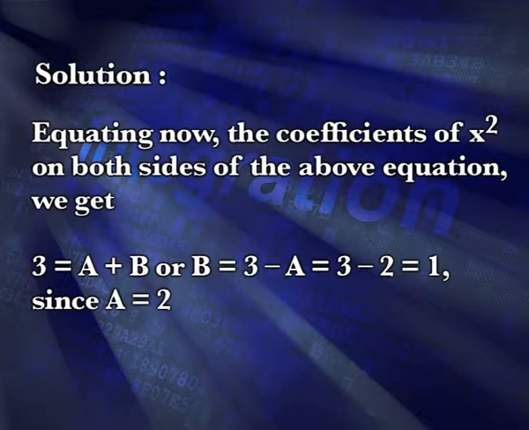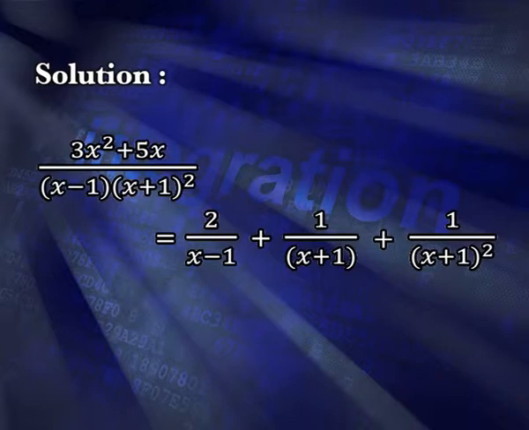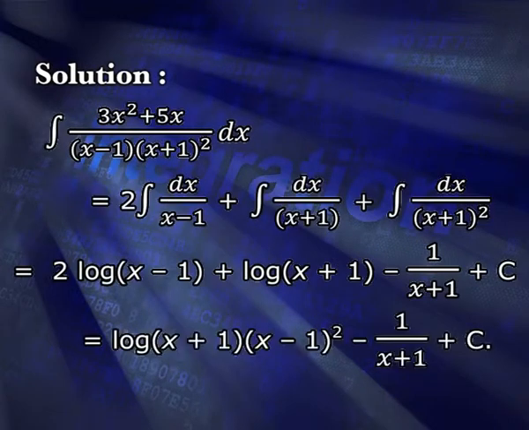Now since A is equal to 2, we have (3x² + 5x) / ((x − 1)(x + 1)²) equal to 2/(x − 1) + 1/(x + 1) + 1/(x + 1)². Hence, the integration of (3x² + 5x) / ((x − 1)(x + 1)²) dx will be equal to 2 times the integration of dx/(x − 1) plus the integration of dx/(x + 1) plus the integration of dx/(x + 1)².